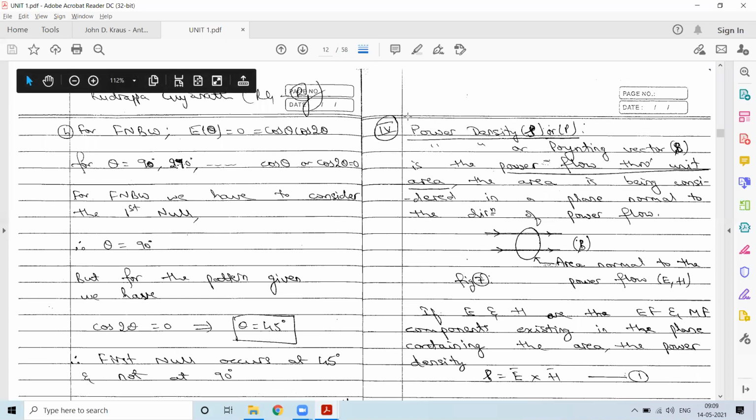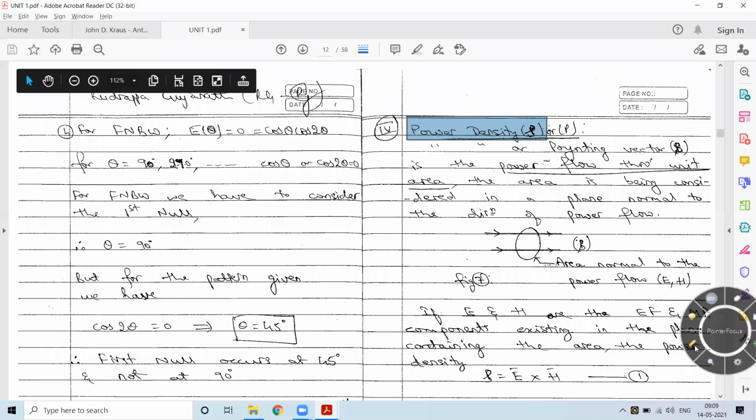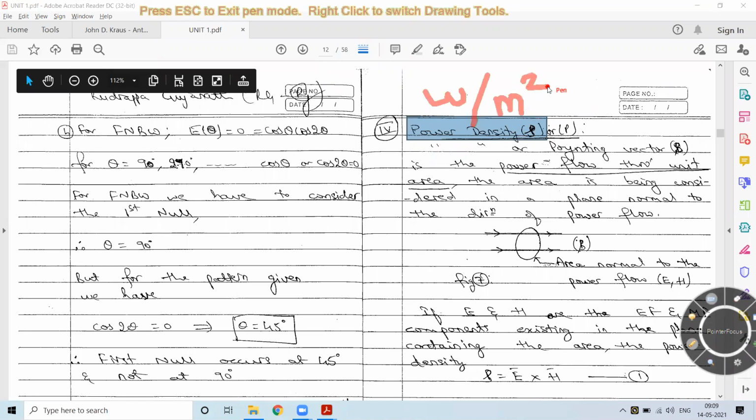Yesterday we discussed the power density, which is the power flow through a unit area. Therefore, the SI unit of power density is watt per meter square.